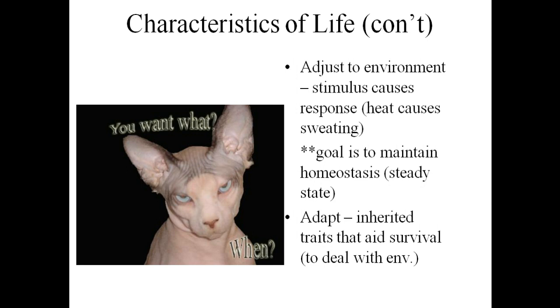Now you can imagine that this cat probably wouldn't fare very well. Now maybe this cat has some long buried trait that allows it to be able to grow hair. And when we put it in that cold environment, that gene gets turned on and it grows lots of hair. That would be an example of an adaptation. Something that it has that's going to allow it to be able to survive better than something else.